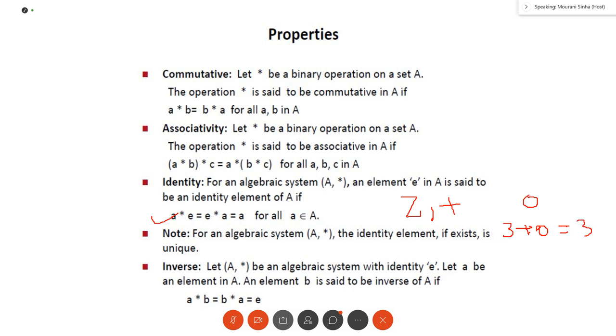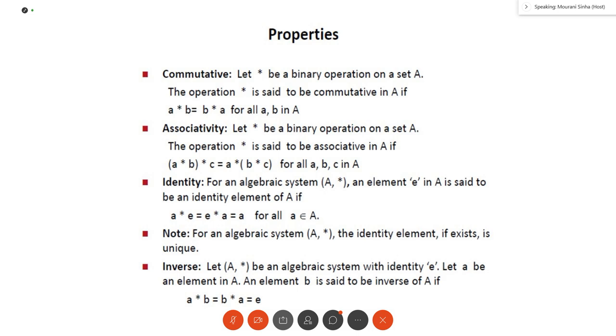This is how we define an identity element. The additive identity is generally 0 and the multiplicative identity is 1. Suppose I am multiplying 1 with a number, I get back the same number. This is your A star E equals E star A equals A. That means I get back the number after doing the operation with the identity. This is what we mean by an identity.